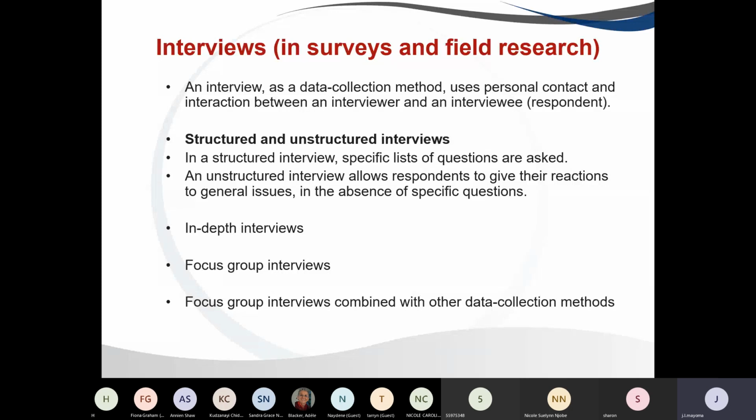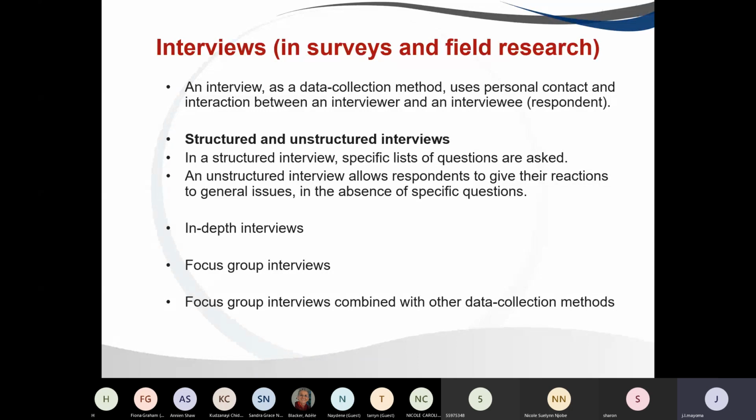I'm happy to do that. Okay, so then we looked at interviews, both in surveys and in field research, and we talked about various types of interviews. The first being structured and unstructured interviews. And we said that structured interviews, as the name lends itself to its definition, is an interview that is structured.